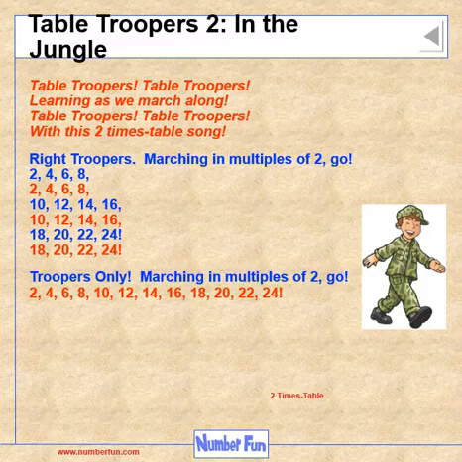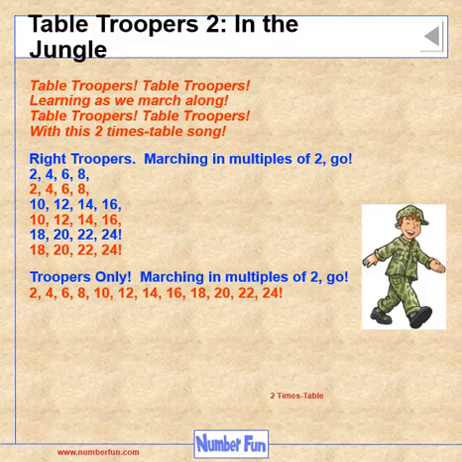Right, troopers, marching in multiples of 2. Go! 2, 4, 6, 8. 10, 12, 14, 16. 18, 20, 22, 24.